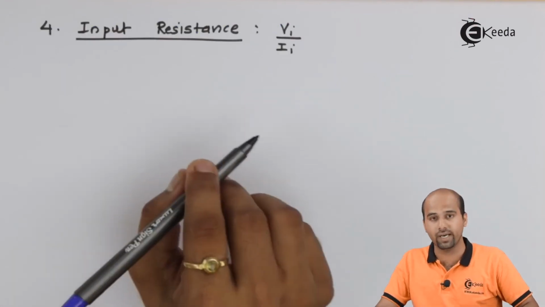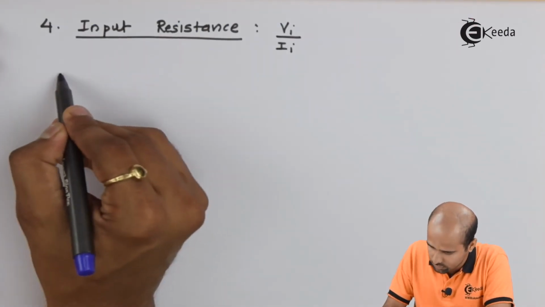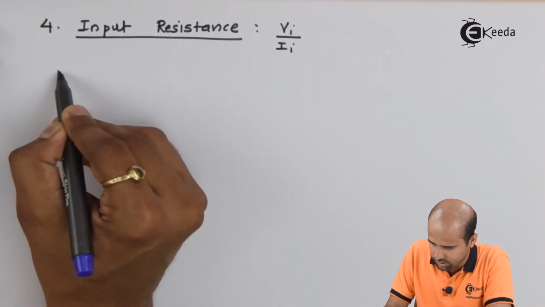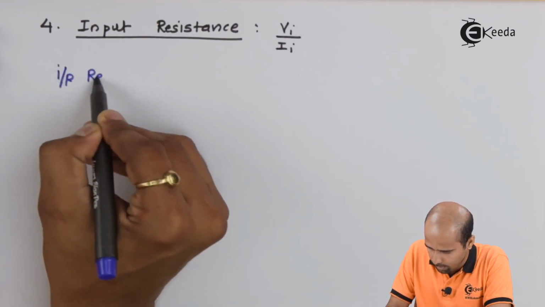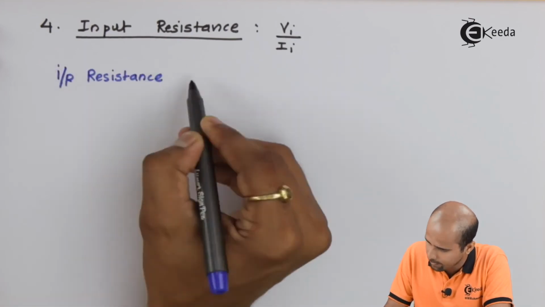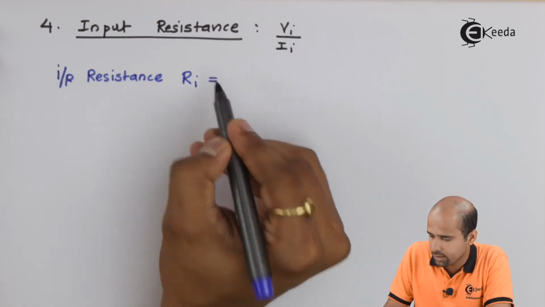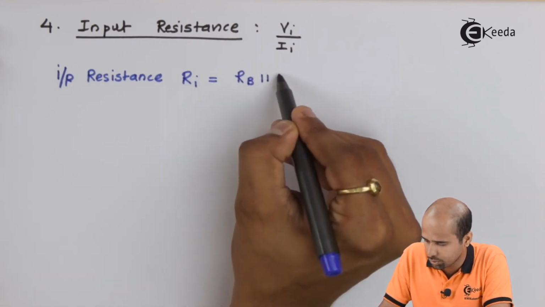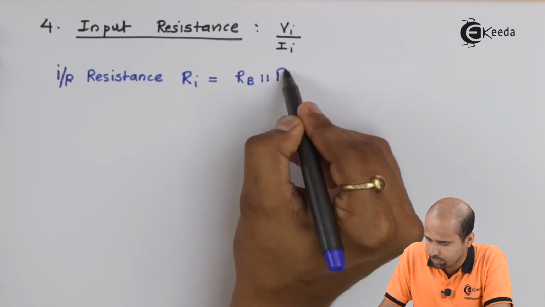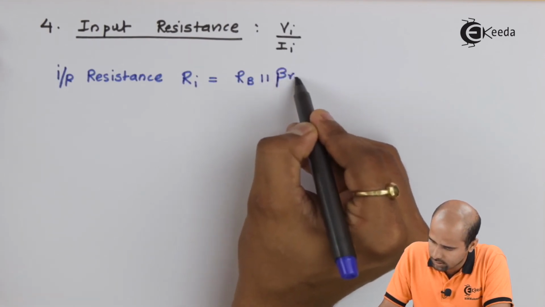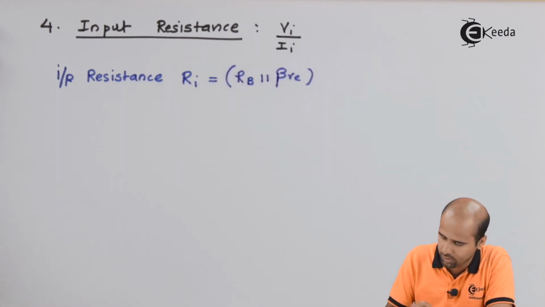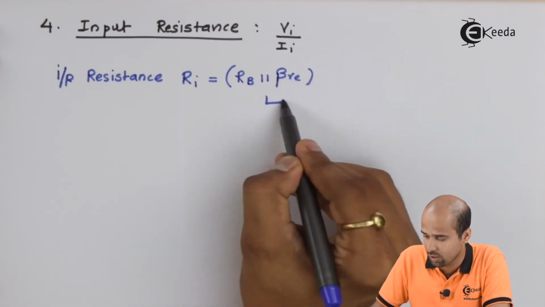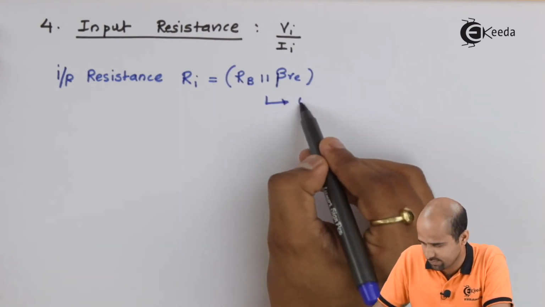So I can write directly the value of input resistance Ri is equal to Rb parallel to beta small re. This is without source resistance.